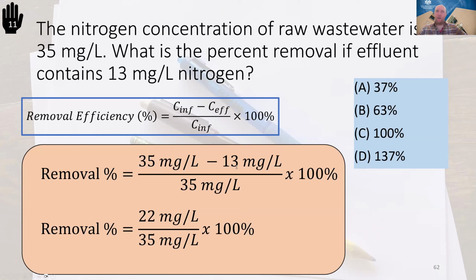Then we subtracted those first, and then we divided by 35. And so if we divide 22 by 35 on our calculator, we're going to get 0.63, but then if we multiply it by 100, we're going to get 63%. So that's going to be our answer. So our plant is removing 63% of the nitrogen that's coming in.